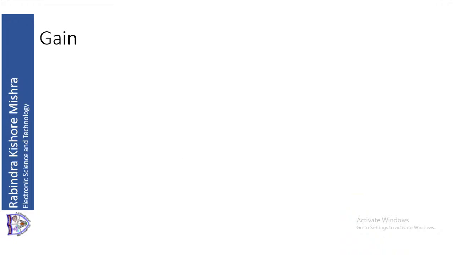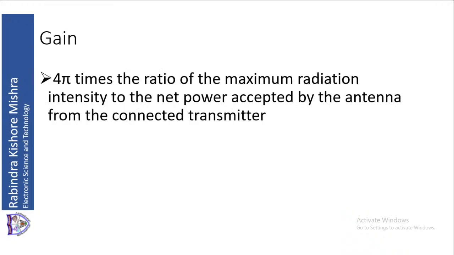Now we'll come to the gain. Gain is another definition. It is 4 pi times the ratio of the maximum radiation intensity to the net power accepted by the antenna from the connected transmitter.